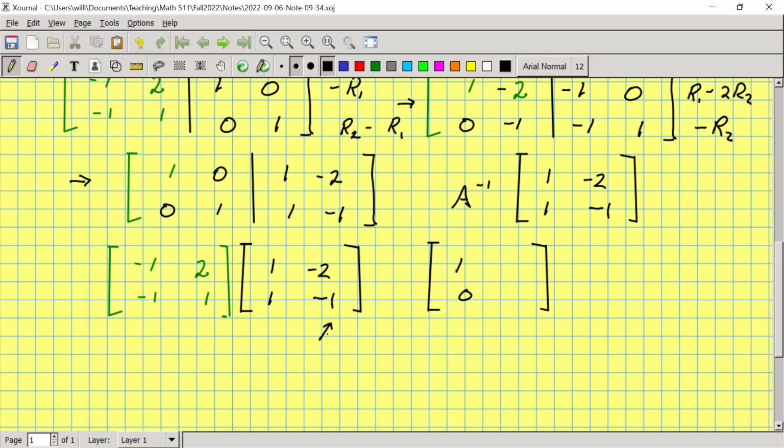This is the definition of matrix vector multiplication. I'm going to multiply the first coordinate, negative 2, times the first column, plus negative 1 times the second column. Negative 2 times negative 1 is 2. 2 minus 2 is 0. And negative 2 times negative 1 is 2, and 2 minus 1 is 1. And since their product is the identity, we now know that this is the unique A inverse.